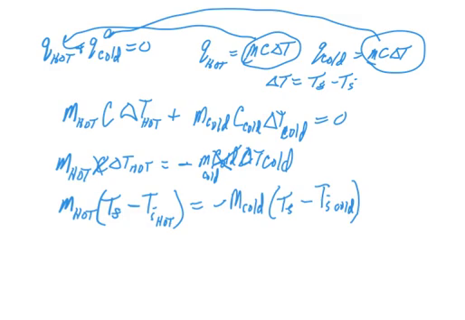Okay, and now what we need to do is combine like terms and solve for T final. I'm going to let you take a shot at the algebra, and we'll see how it goes. I'll do the rearranging of everything in a second, but give it a shot yourself, see if you could do it.